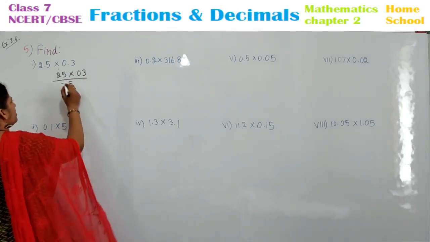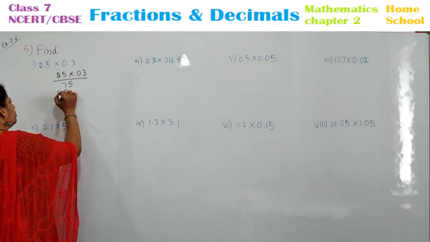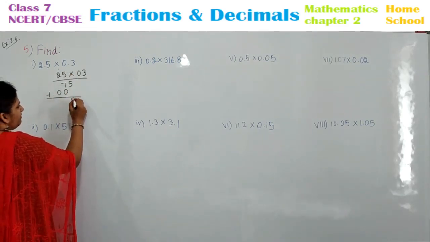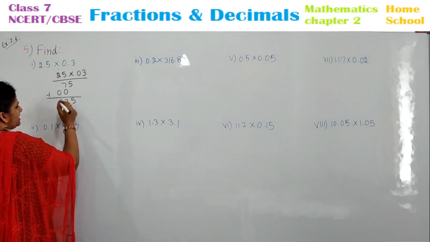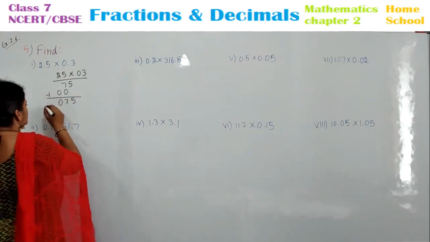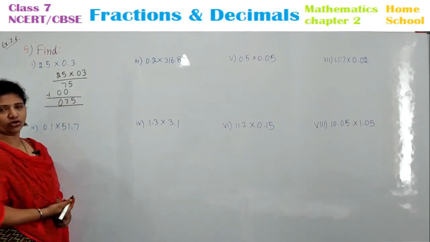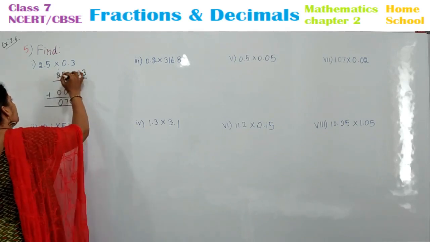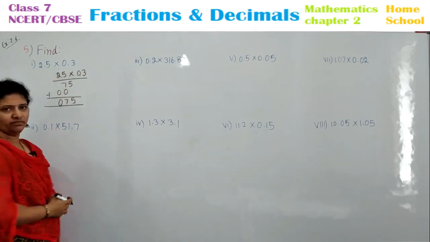Okay, so we get 75. After multiplying, what did you get? 75. Now take the decimal point. Observe carefully.